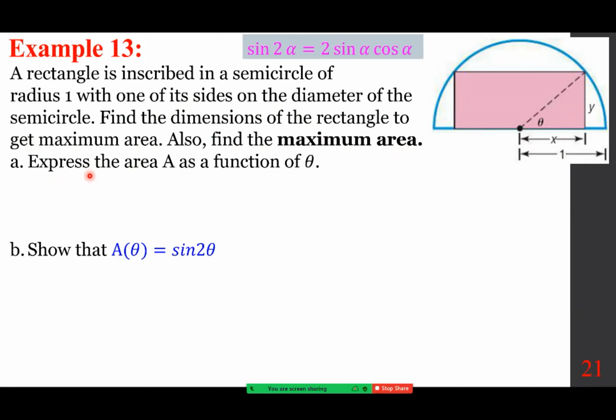So first express the area as a function of theta. Well, we know the area is the length times the width. So if this is x, the length is 2x and the width is y. So 2x times y. Length is 2x, the width is y, 2xy.